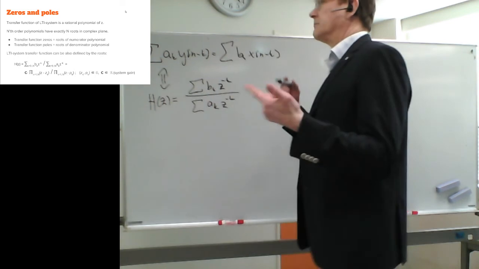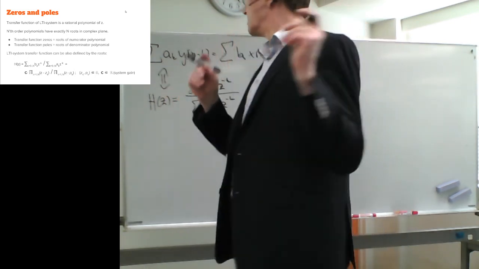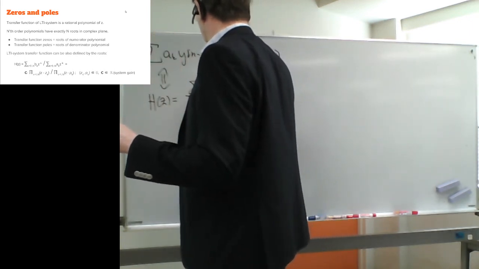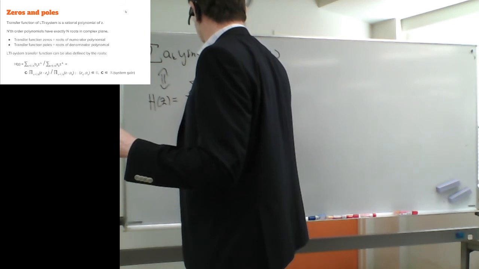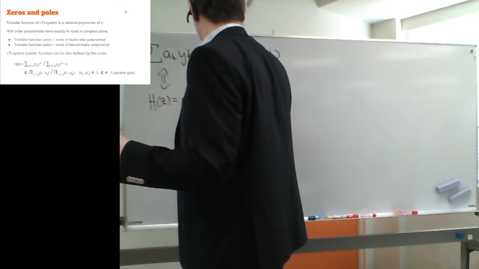Okay. How can this one actually be transferred into zeros and poles? First, we need to do some, not n, k from 0 to n.